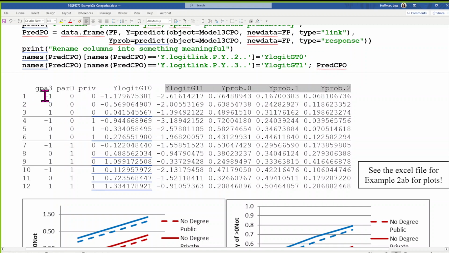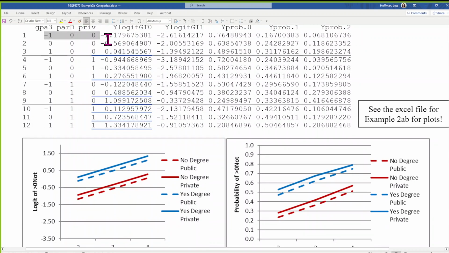So if I'm somebody who has a GPA of 2, my parents didn't go to graduate school and I went to public university, my predicted logit from the submodel predicting greater than 0 is this number. My predicted logit from the submodel greater than 1 is this number.